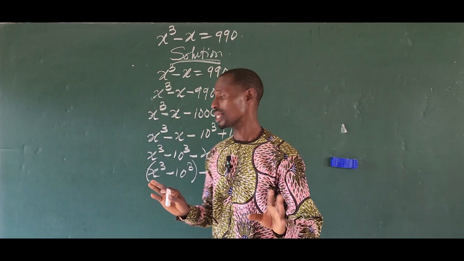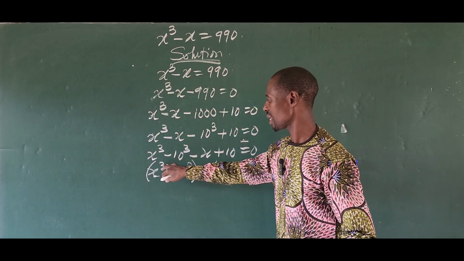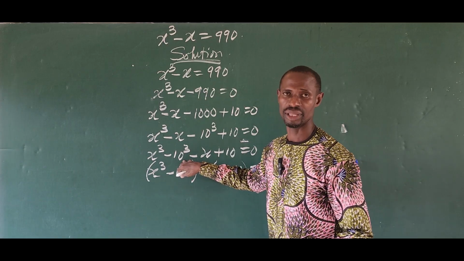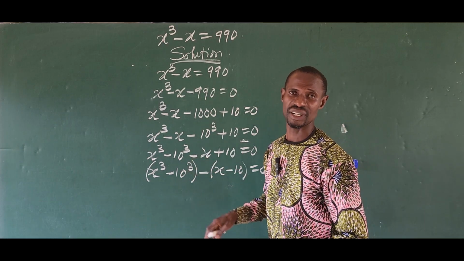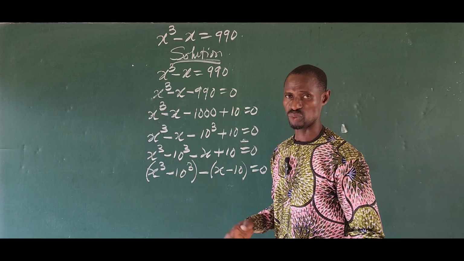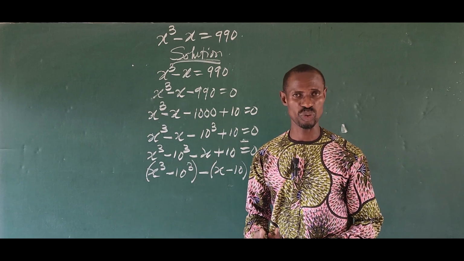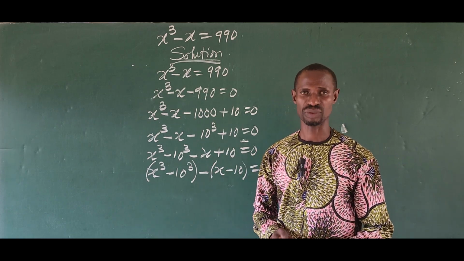So the next thing we look at here, we are having x to the power of 3 and 10 to the power of 3. There's what we call the difference of two cubes, as we have the difference of two squares. So we equally have a difference of two cubes.